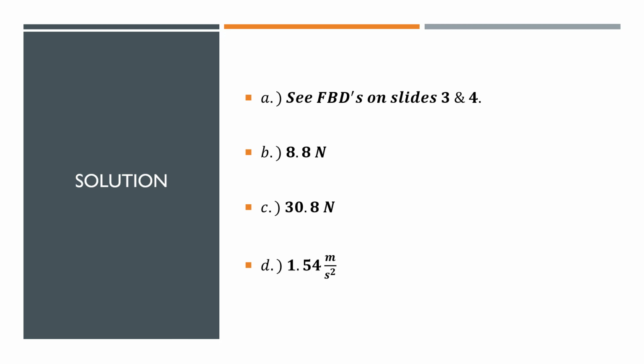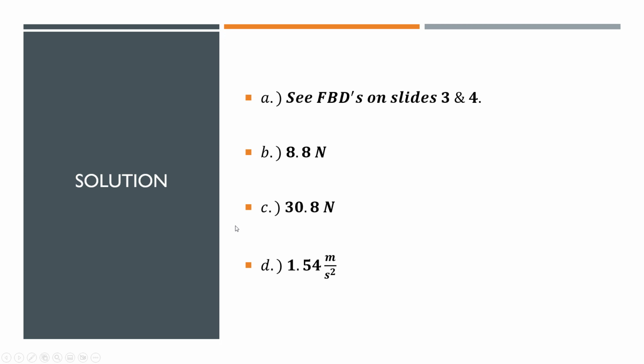Then in part C, we used our sum of forces analysis to equate tension 2 to the weight of block C, and that was the 30.8 Newton value that you see here. Definitely larger than tension 1.